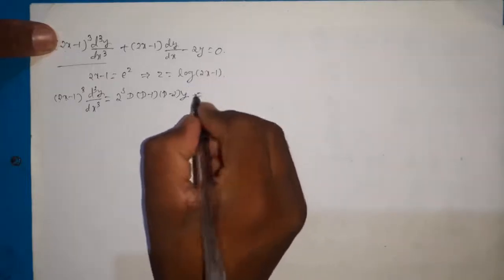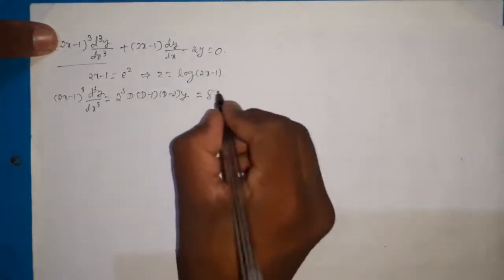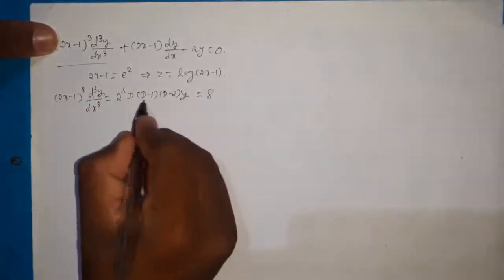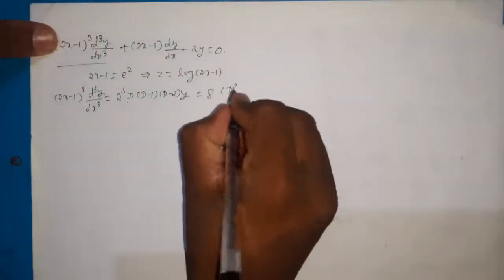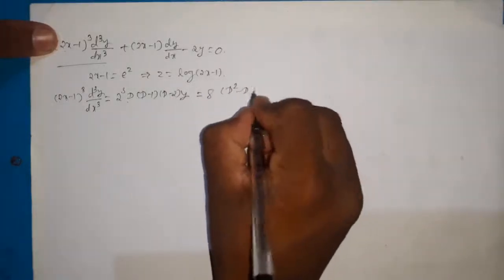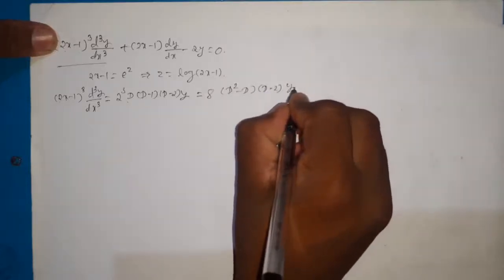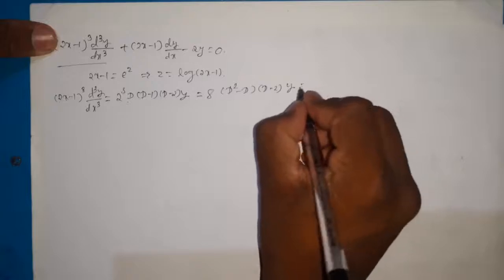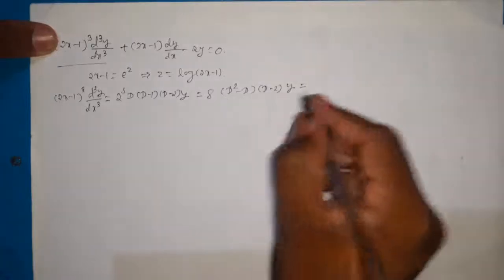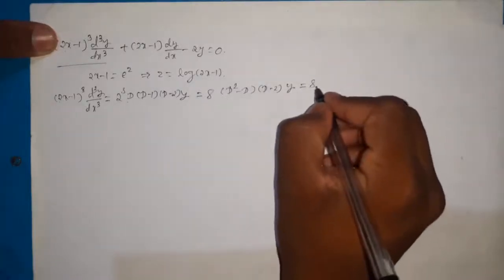And let us simplify this one. It is 8 D into (D minus 1), that is D square minus D, into (D minus 2) y, and which is equal to 8, constant as it is.